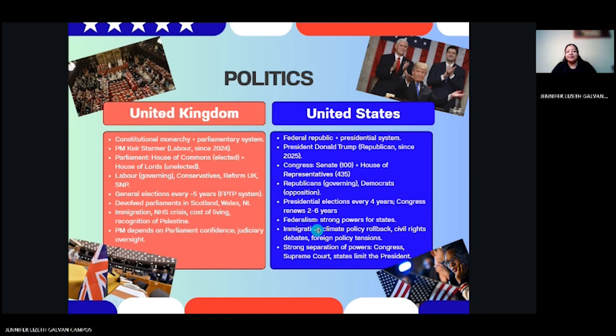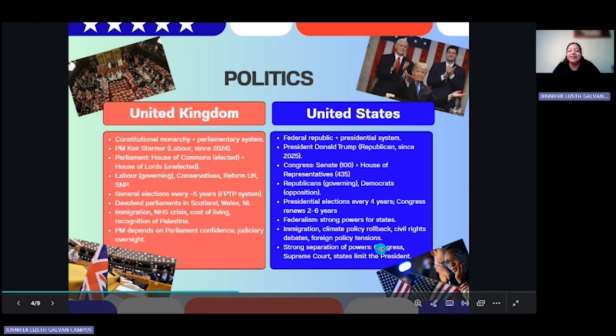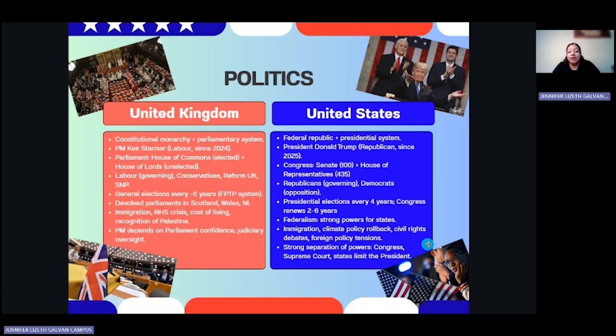It is federalist, with strong power for states, and issues include immigration, climate policy rollback, civil rights debates, and foreign policy. There is a strong separation of powers, with Congress, the Supreme Court, and the states limiting the president.